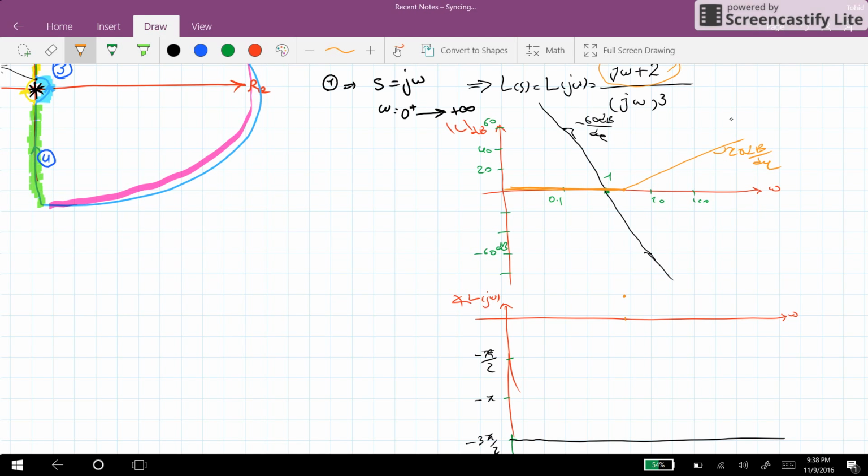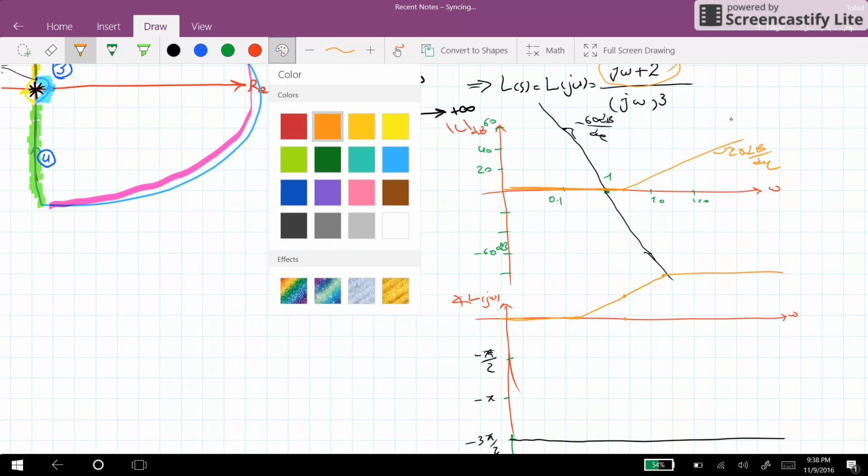So it's here. 1 decade afterwards, somewhere around here, we will have pi over 2, and 1 decade before that, we will have 0. So indeed, this is what we will have for the phase of the 0.